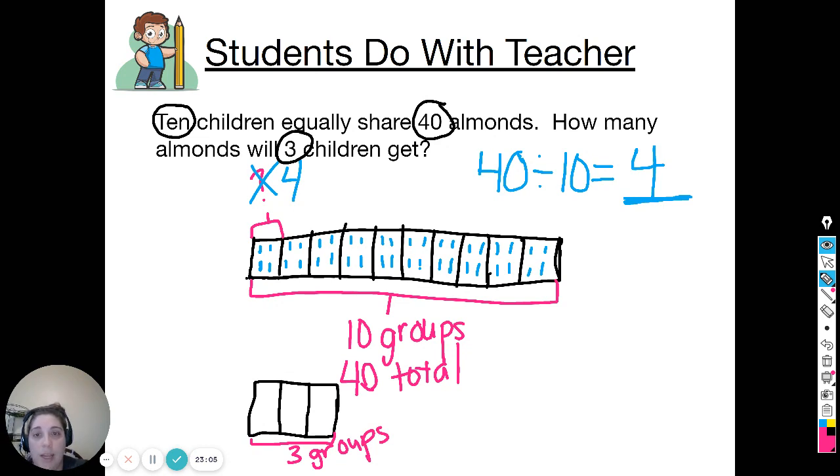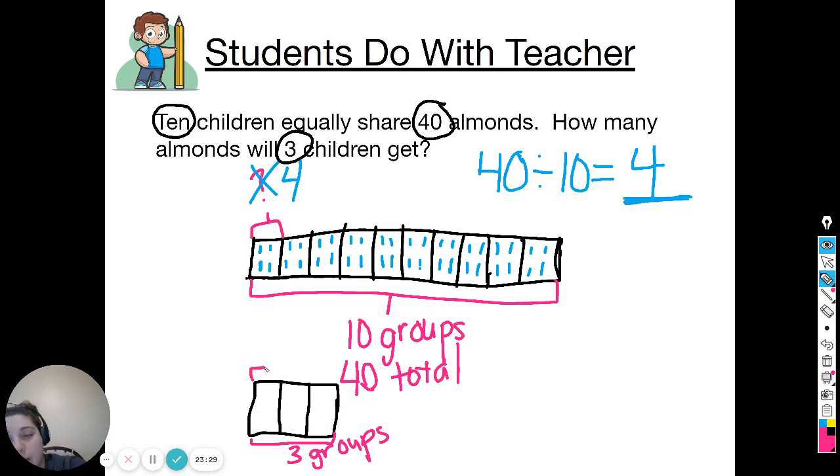I'm going to give you a second to catch up. We have 3 groups because we only have 3 children now. We already figured out each child gets 4 almonds.